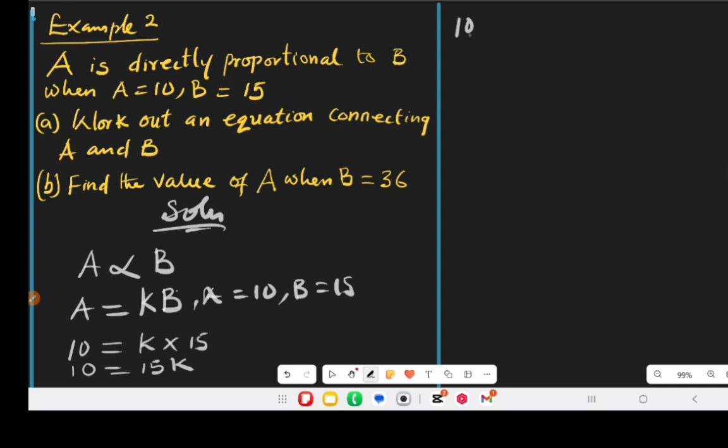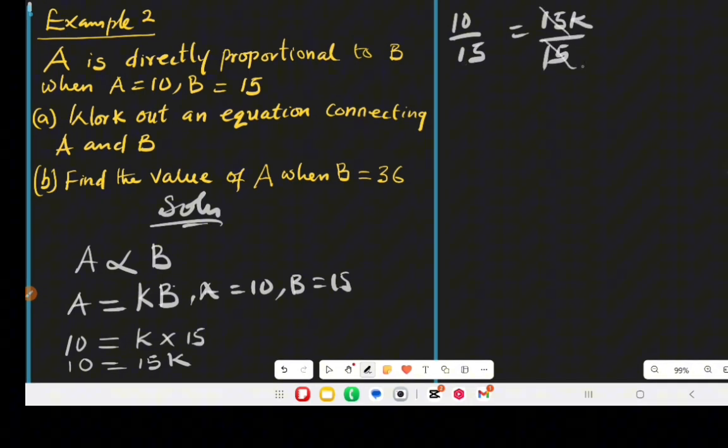We have 10 over 15 equals 15K all over 15. 15 divides 15, leaving K equals 10 over 15. 5 into 10 gives us 2, and 5 into 15 gives us 3. Then we have 2 over 3. Therefore, K is equal to 2 over 3.